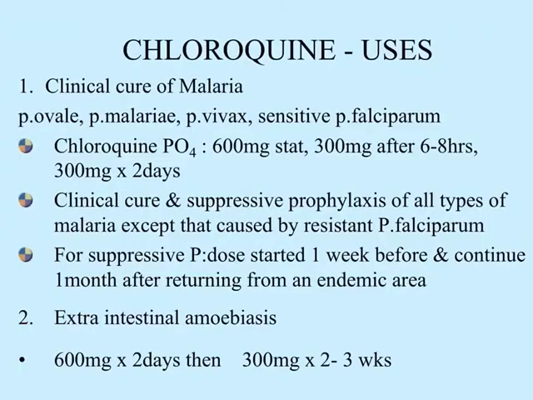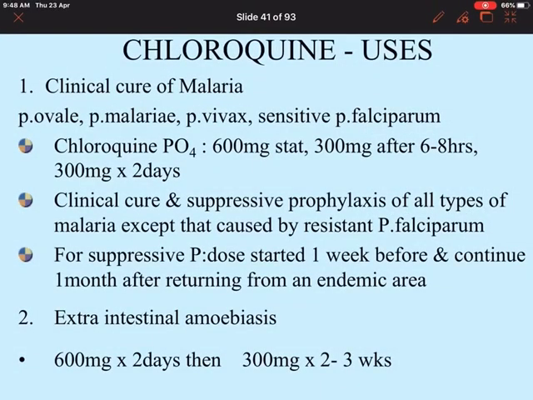Where do we use chloroquine? We already learned chloroquine is used in the clinical cure of malaria, that is, for treating malaria caused by ovale, falciparum, vivax, and chloroquine sensitive falciparum malaria. For clinical cure as well as for suppressive prophylaxis we can use it.